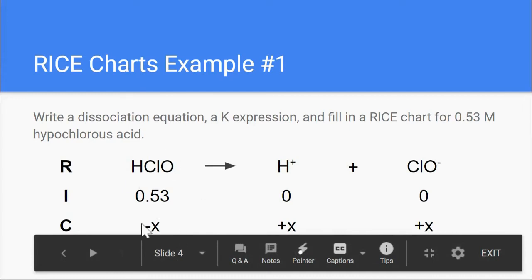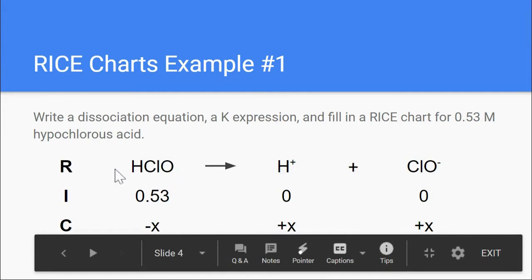When this breaks up, it becomes these two things. It becomes H plus and ClO minus. So since I'm gaining some H plus and I'm gaining some ClO minus, I put a positive sign because those concentrations are increasing. But again, I don't know by how much they're increasing. And so I use an X. Now this X is the same as this X because when this breaks apart, it produces these things.